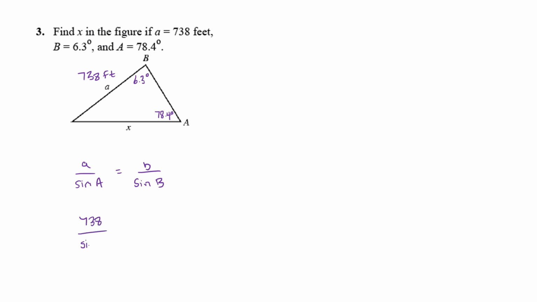The angle A is 78.4. The side b is x and the angle B is 6.3. So we can utilize these two ratios to help us find x by cross multiplying.